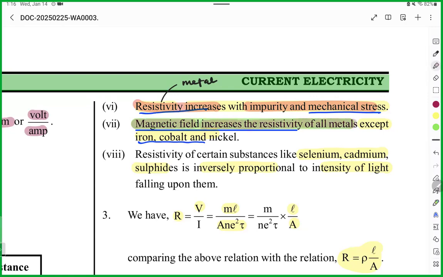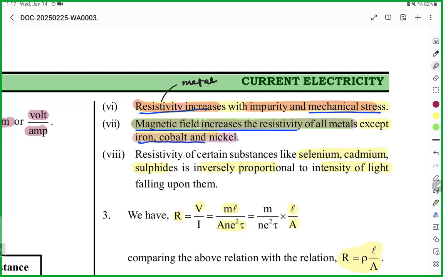Why? Same rule. You already have maximum value. Whatever you do, it can reduce only. It cannot increase. Make sense? Whether it is impurity, temperature, or magnetic field, these are the few exceptions. Different types of magnetic field and types of material: diamagnetic, paramagnetic, ferromagnetic.